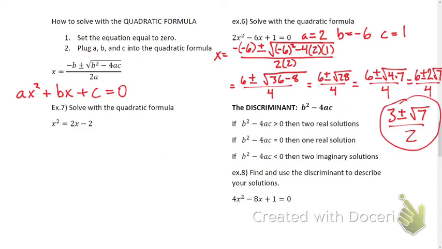All right? Another choice, though, if you want, is to type that into the calculator. So we can go 3 plus square root of 7 over 2 and see what we get. And we can go 3 minus square root of 7 over 2 and see what we get. So on that first fraction, you get 2.82, and on the second one you get 0.18.